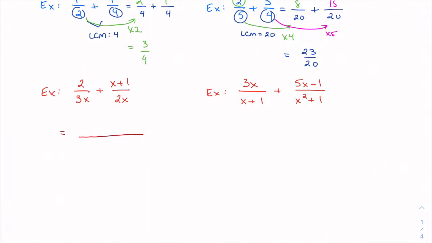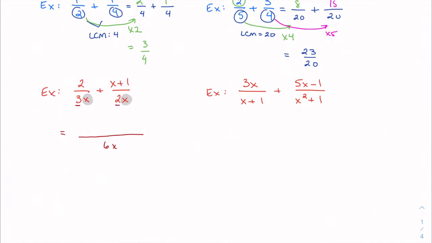Well, let's take this in pieces. I notice that I already have an x in common, which is nice, so my least common multiple is going to involve x in some way, just on its own. And then my 3 and 2, right? So the least common multiple of 3 and 2 is 6. So my least common multiple of 3x and 2x, for all intents and purposes here, is 6x.